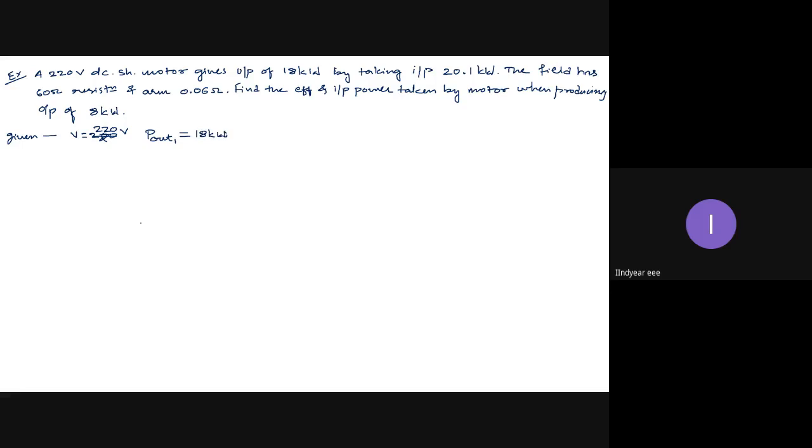So at some load condition, it is giving the output of 18 kilowatts by taking some input P in 1, let me take it as 20.1 kilowatt. The field has resistance RSH equal to 60 ohms and RA, this is hot resistance only, as 0.06 ohms.